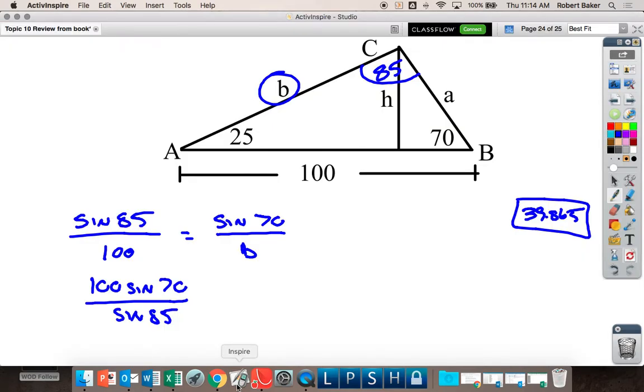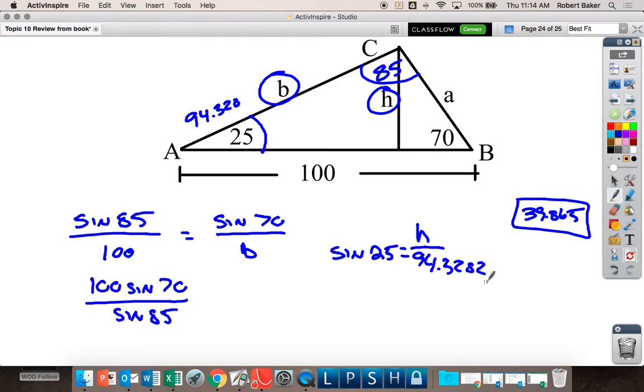Now that I know that this is 94.3282, now I can use this angle. It's still the sine function. The sine of 25 is equal to opposite over, so now it's 94.3282 times sine of 25.